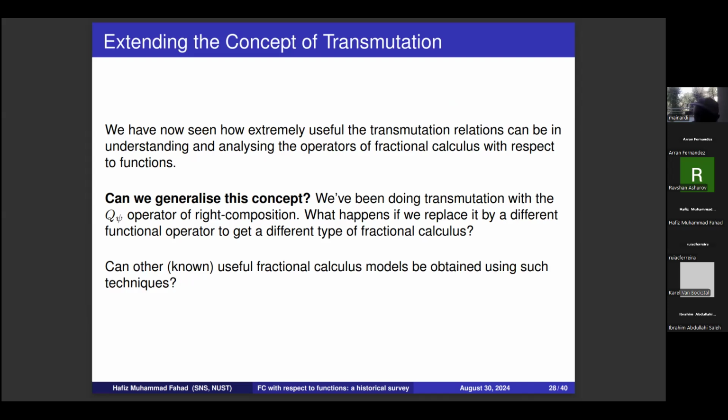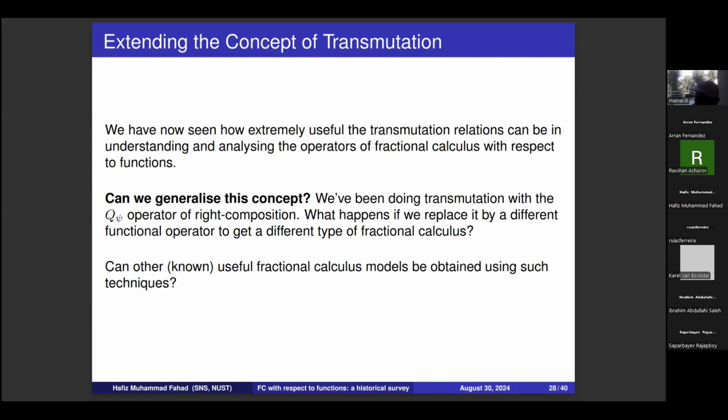Can this lead us to a new type of fractional calculus altogether? Or can we discover other well-known and useful fractional calculus models through this approach? These questions open up exciting possibilities.